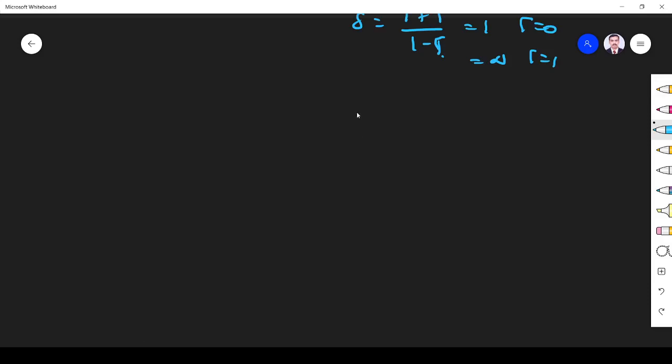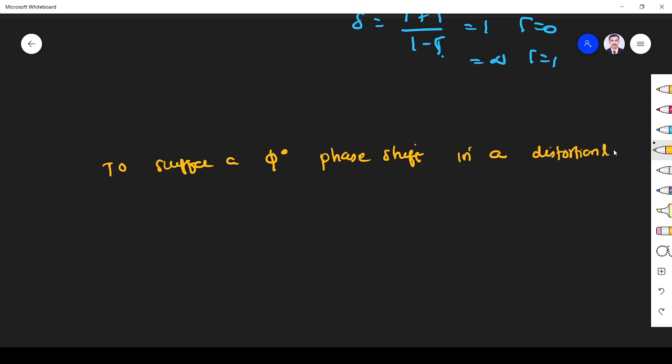The next thing to remember: to suffer a 5-degree phase shift in a distortionless line, the wave has to travel a distance L such that beta L is equal to 5 degrees.